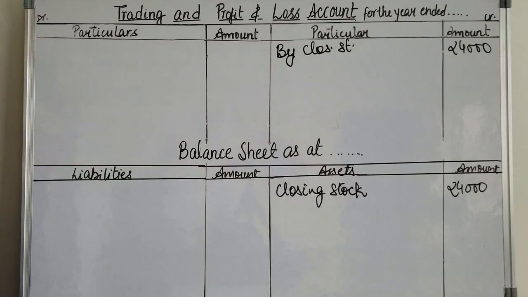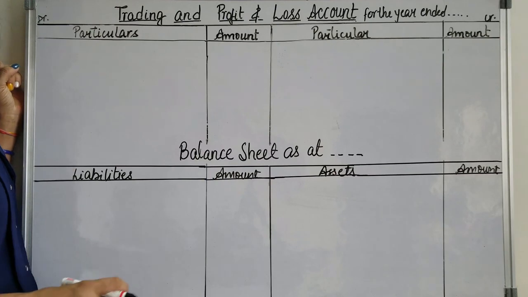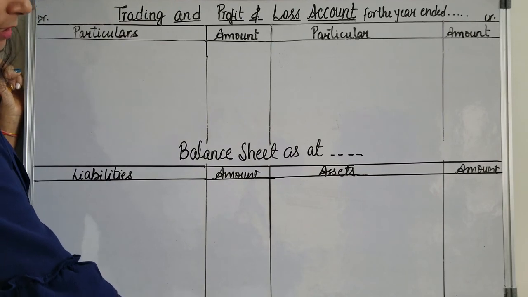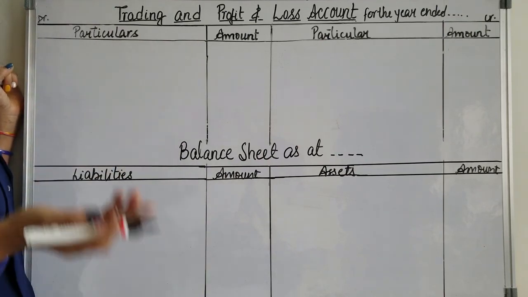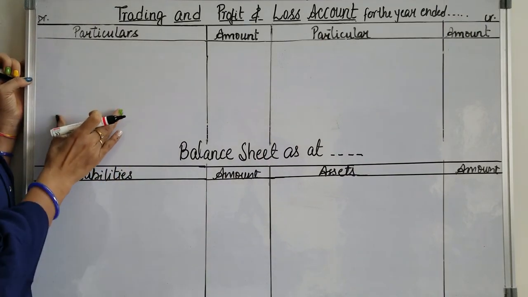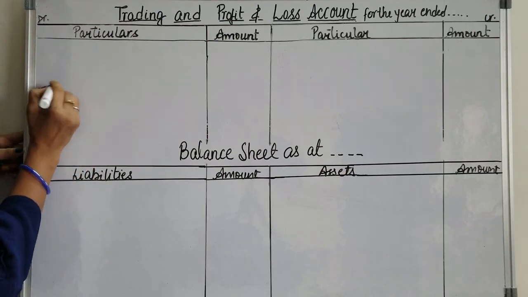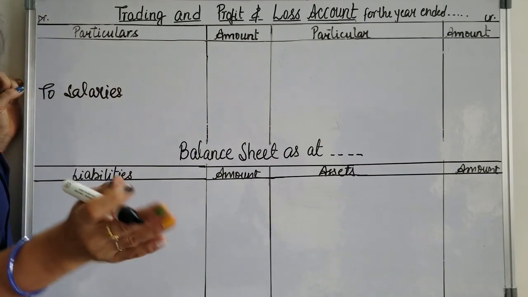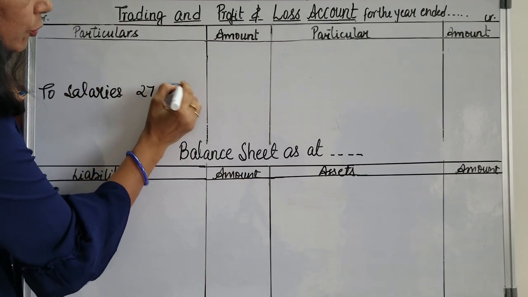Now suppose salaries is given in the trial balance at rupees 27,500, and in adjustment it is given that salaries outstanding for March 2018 amounted to rupees 2,500. Now, as salaries is an indirect expense, it will be recorded on the debit side of the profit and loss account. So we will write it like to salaries with the amount which is given in the trial balance, 27,500.